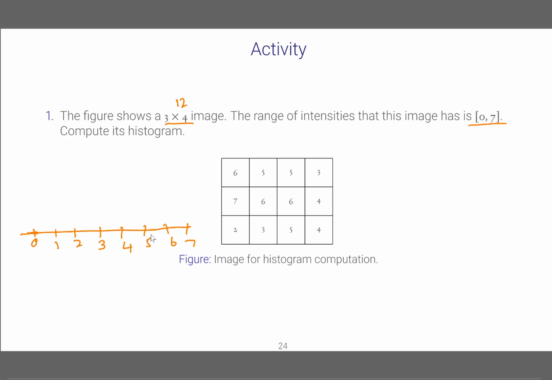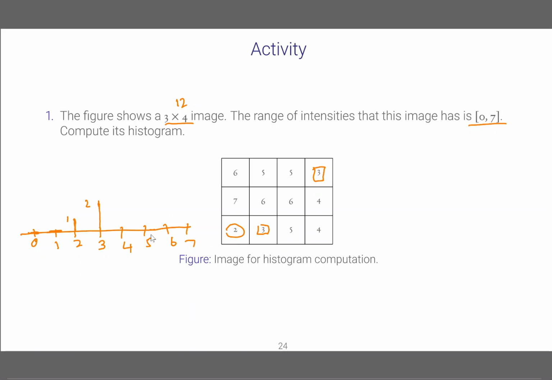No pixel is there with 0 intensity. With 1, nothing. And with 2 you have this one, that's all, 1 pixel. Then with intensity 3 you have 2 pixels, so we write 2 here.